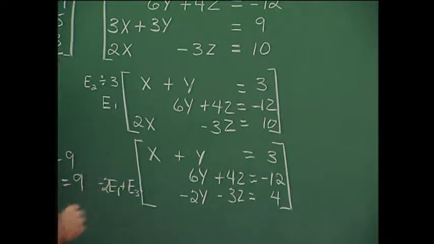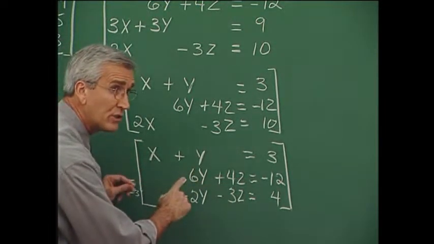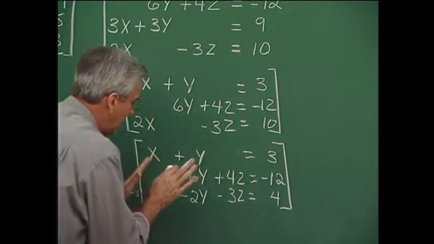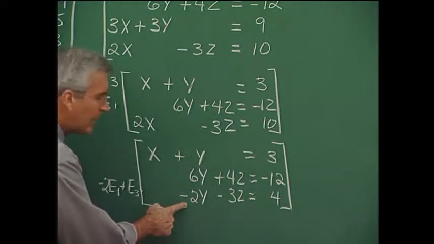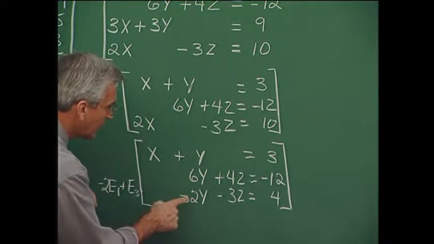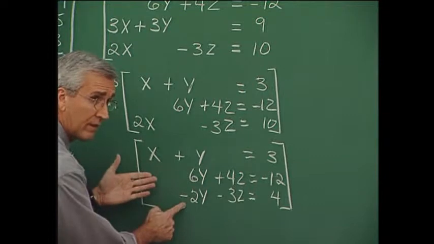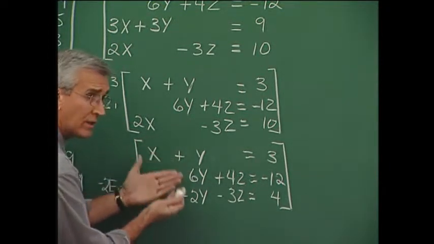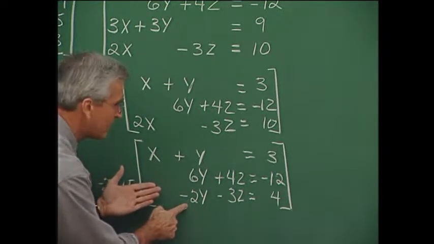All right, the next order of business is to cause the leading coefficient in equation 2 to be 1. Now, a lot of times, to accomplish that, you play these two off of one another. But in this circumstance, it's difficult because even if we multiplied one or both of these equations and then tried to add the two equations, we're not going to arrive at a difference of 1 because, after all, they're both even.